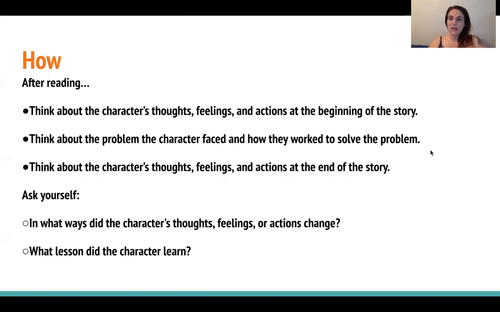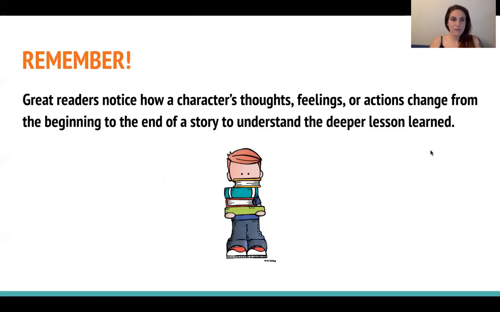So how did they resolve the problem? Think about the character's thoughts, feelings, and actions now at the end of the story. Then you're going to ask yourself, in what ways did the character's thoughts, feelings, or actions change? And ultimately, you're asking yourself, what did the character end up learning at the end of the story?